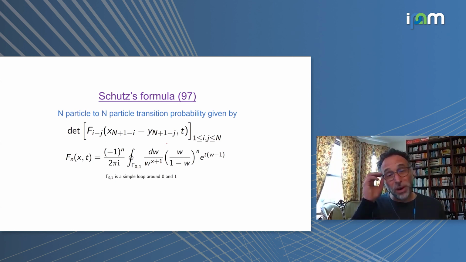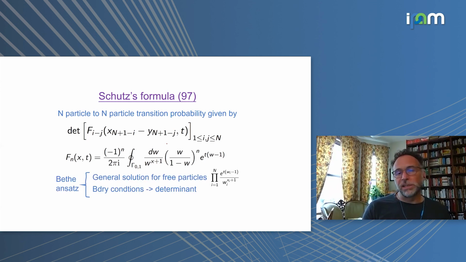And you should think of this formula as analogous to the Karlin-McGregor formula for the probability that a bunch of random walks or Brownian motions go from some points to some points without intersecting each other, which is also given by determinants. But the problem with Schütz's formula is that it's extremely hard to take an n goes to infinity limit of this formula. In fact, the entire field of KPZ is basically the attempt to take the n goes to infinity limit of this formula.